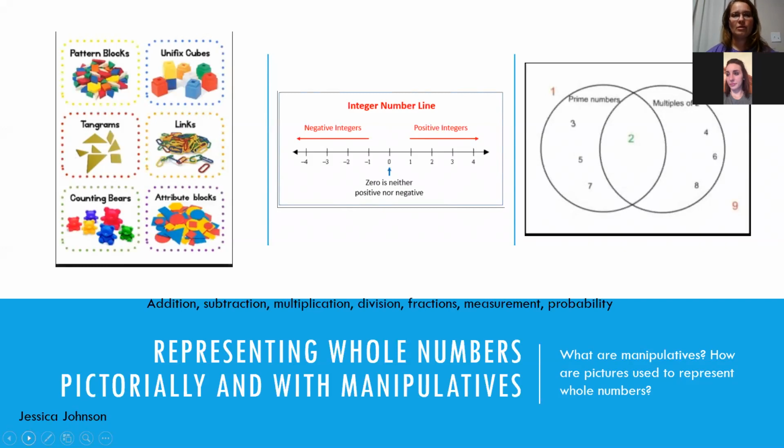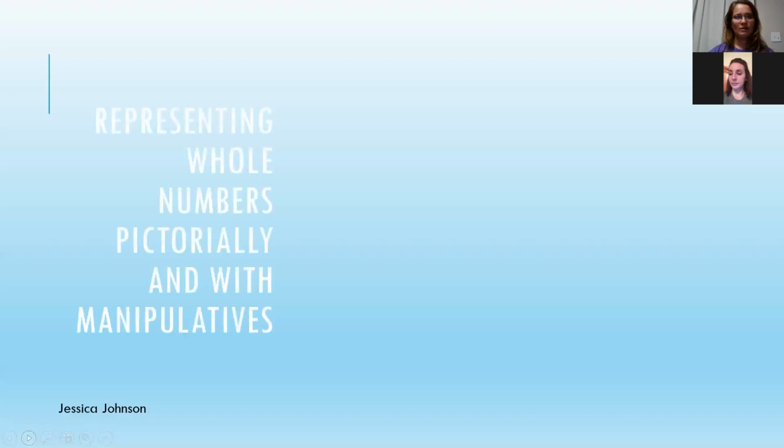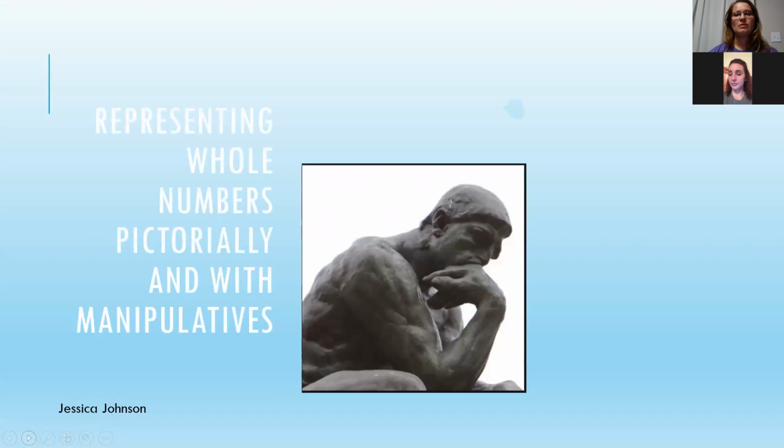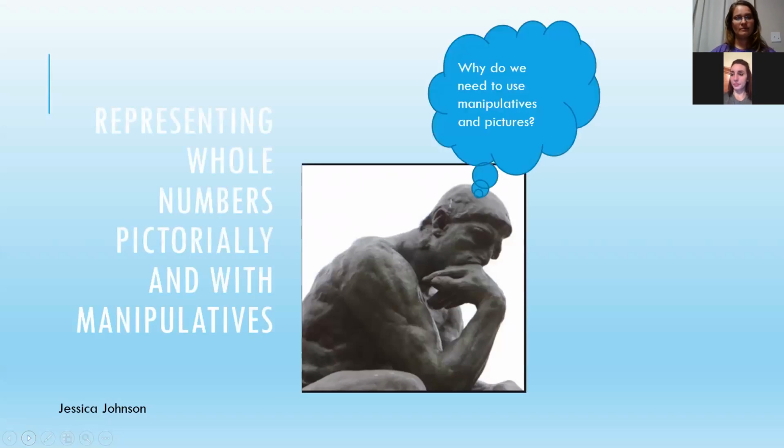Manipulatives and pictures are used for so much more than just representing whole numbers. They can be used for students to understand addition, subtraction, multiplication, division, fractions, measurement, even probability. Why should we use manipulatives and pictures?